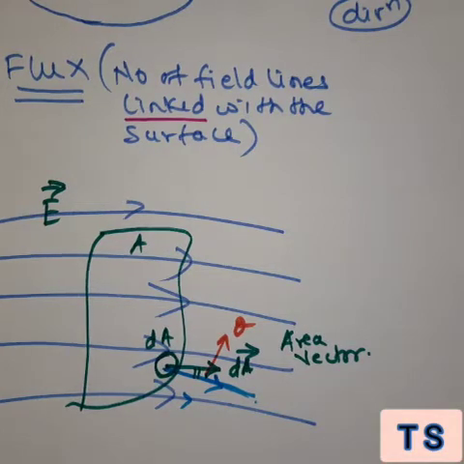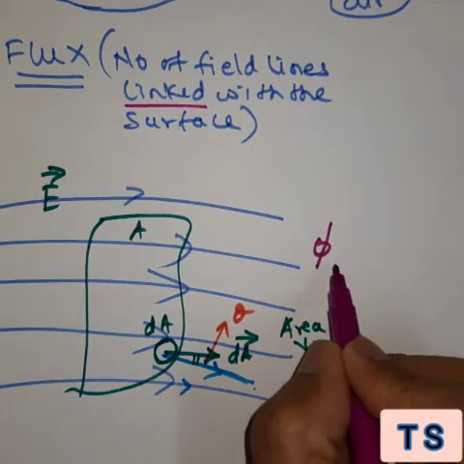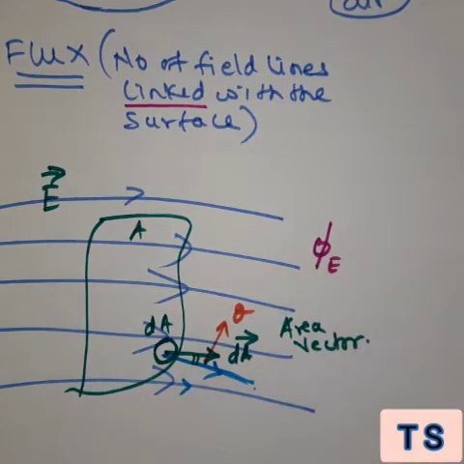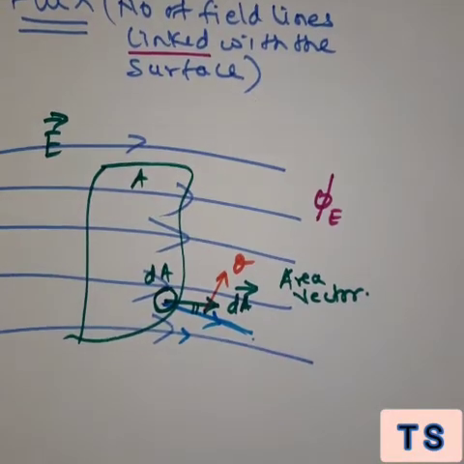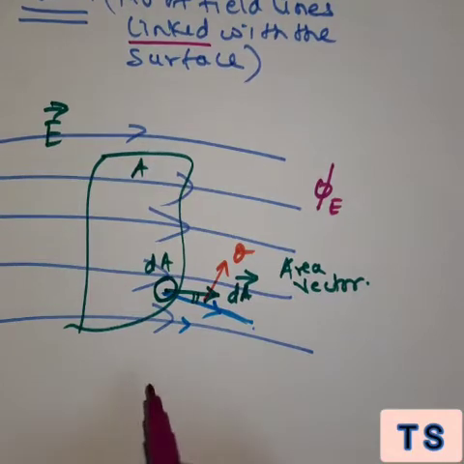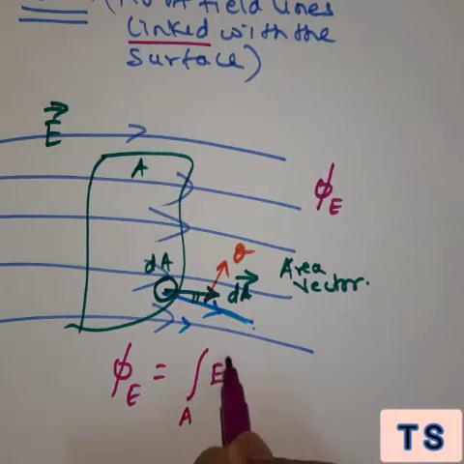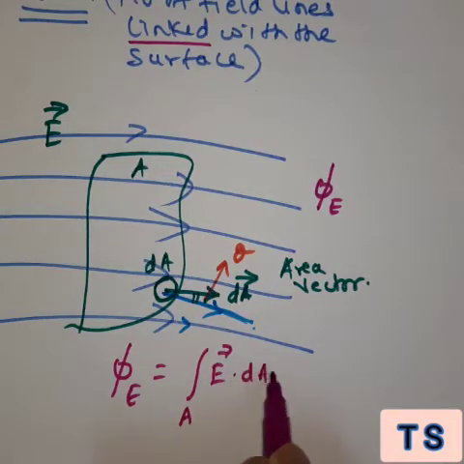So how do we represent this electric flux now? My electric flux is phi, and when we write E here, it indicates the electric flux. According to the definition, my electric flux phi E through any surface is always the integral over the area of the dot product of E bar and dA.